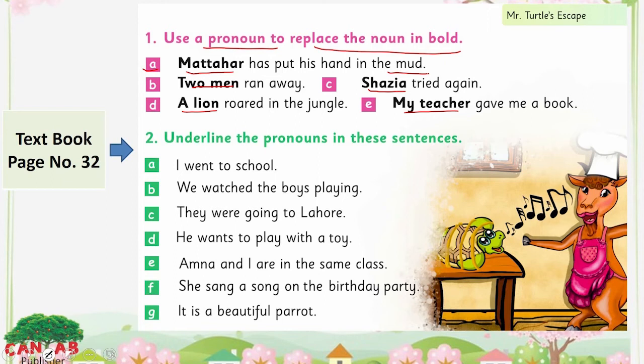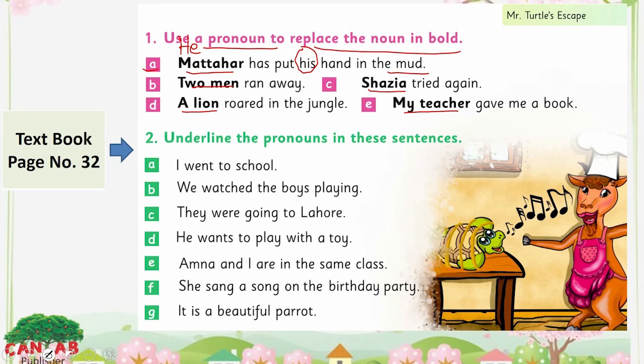Can you guess what is Matahir? Yes, he's a noun and he's a boy. You can guess by this word his, because he's a male. So what we will do? Yes, we will replace it by adding he here. Underline the Matahir and write he.